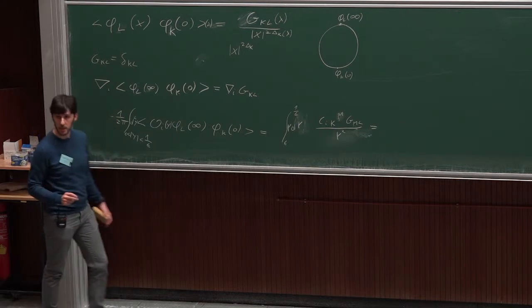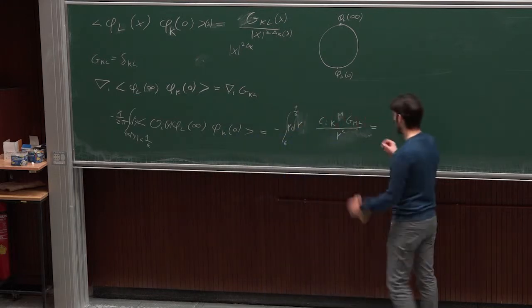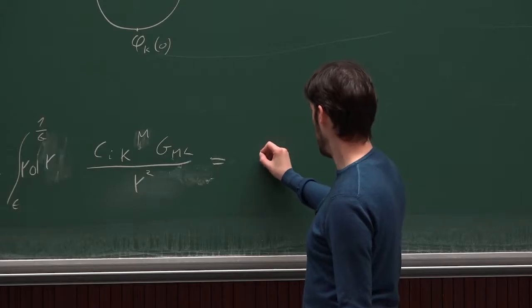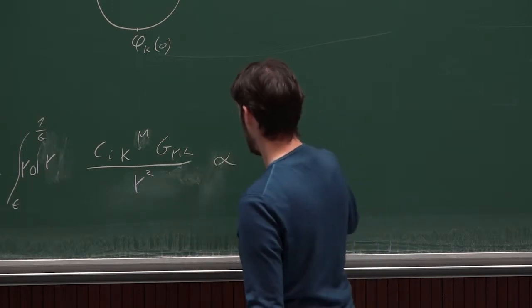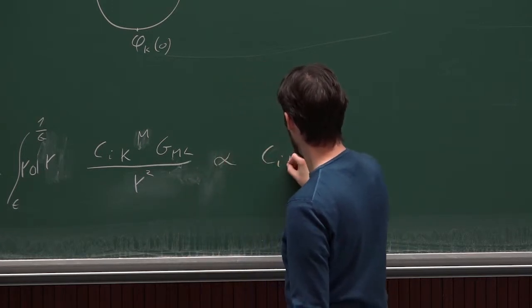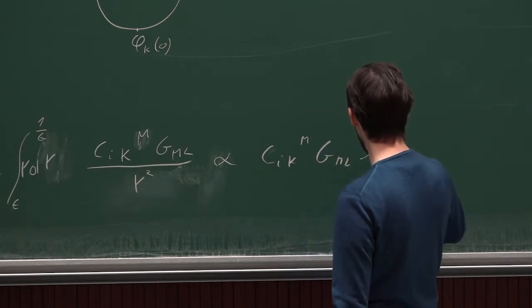I also put a minus, I think. So this will be equal to this, and you can do that. There will be some number, so it is proportional to C_ik^M g_ML times log of epsilon.